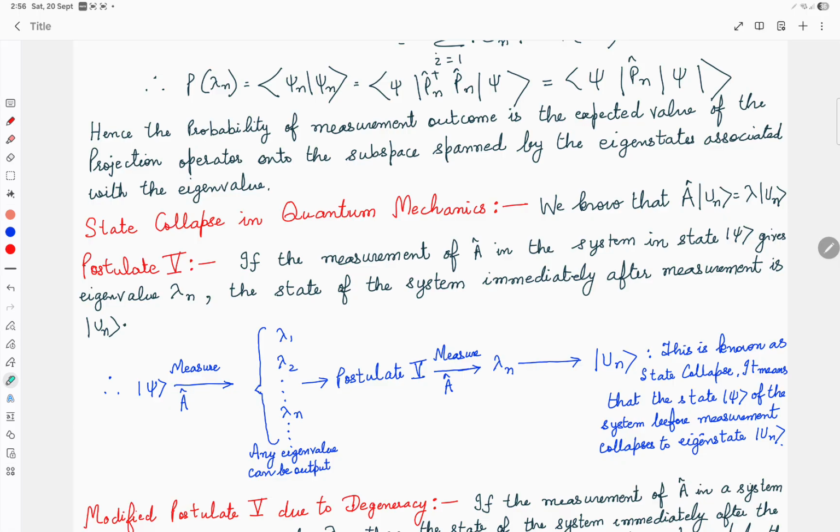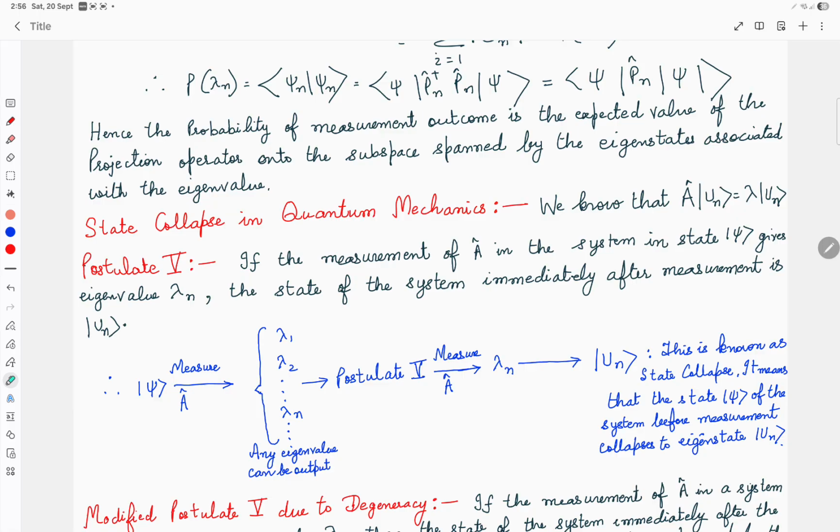This is the eigenvalue equation. We know that if a system is in state psi and we are trying to measure property A, this measurement will give an eigenvalue lambda n, one of the eigenvalues, right?